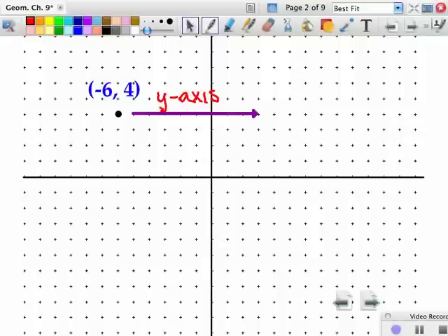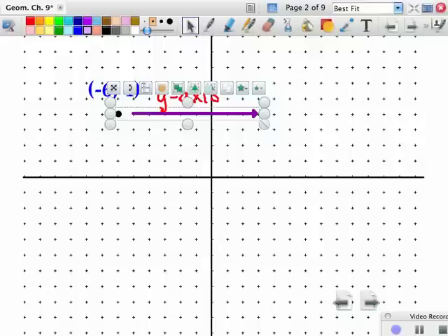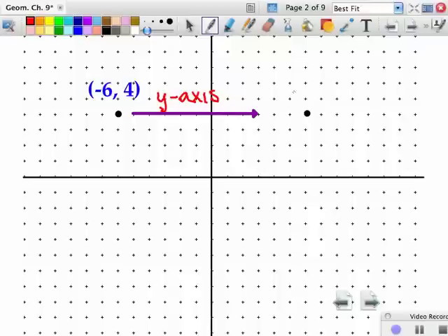So what ends up happening is we take that point and now, as we slide it over, we're still keeping it up 4, but we're doing a positive 6 right there. So now our coordinates are positive 6, positive 4. So what happened?